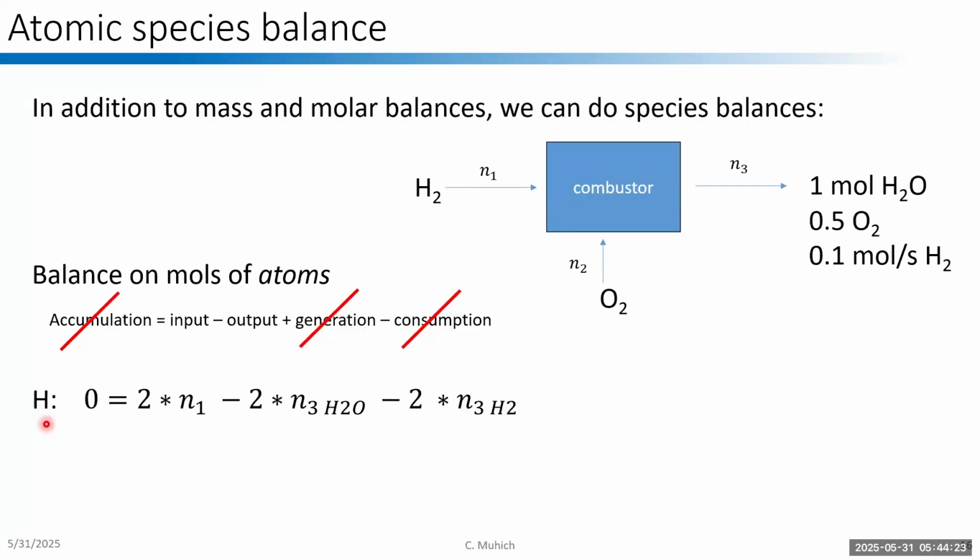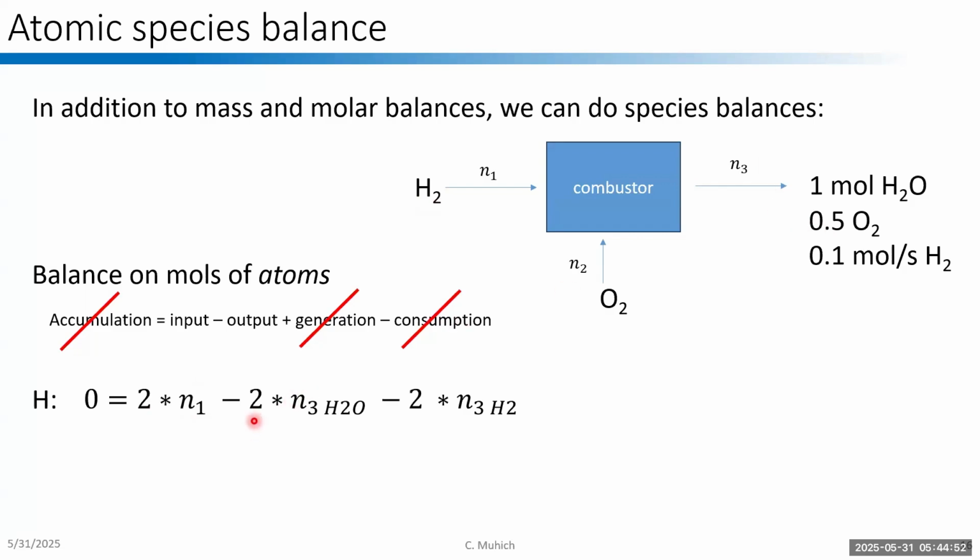So let's first look at the hydrogen mole balance. The amount of accumulation is 0. What's coming in? Well, the number of moles of hydrogen atoms going in is 2 times whatever the molar flow rate of N1 is, right? Because there's 2 moles of hydrogen atoms per every mole of H2. Okay, let's look at the output.